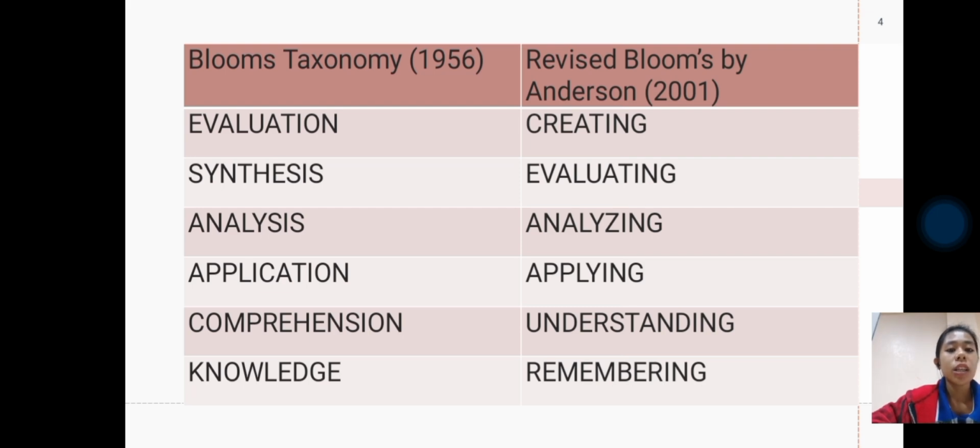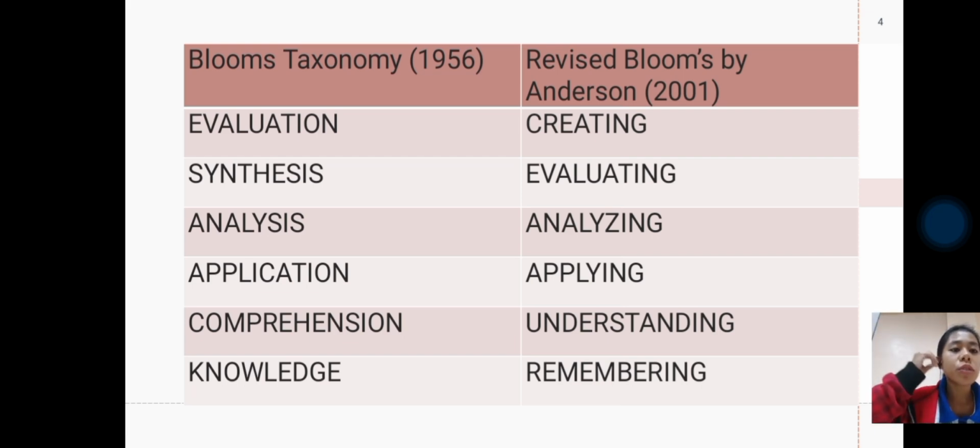The levels in the old Bloom's taxonomy, it has 6 levels arranged in a hierarchical order from the simplest to the most complex. And the other one also has 6 levels, but the terminology and order have been slightly changed to be more action-oriented and reflective of contemporary education goals.